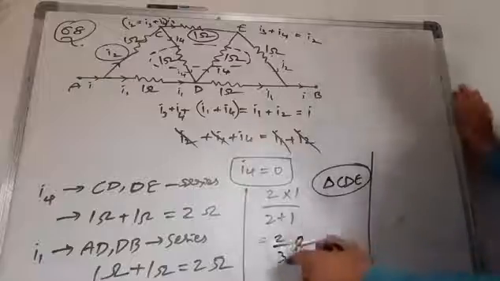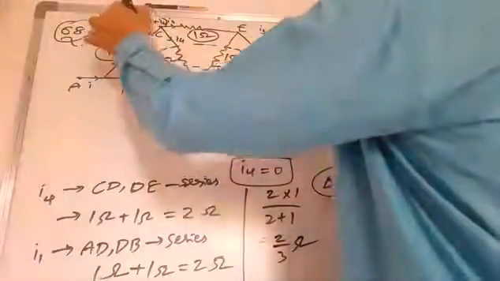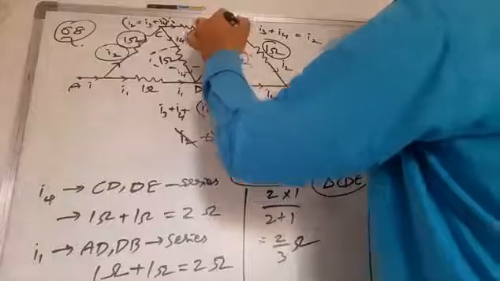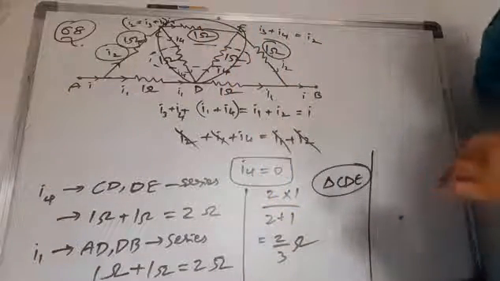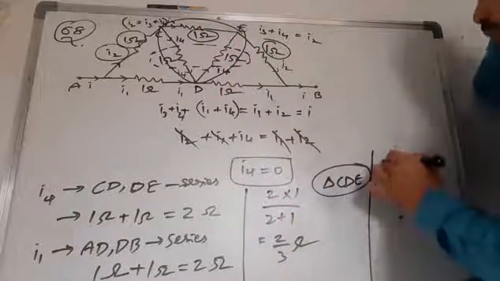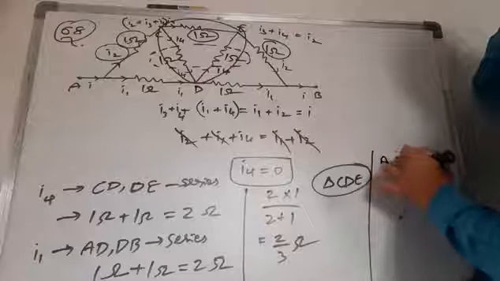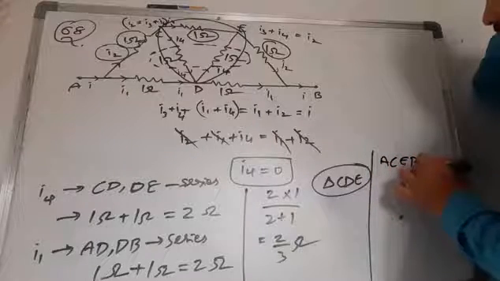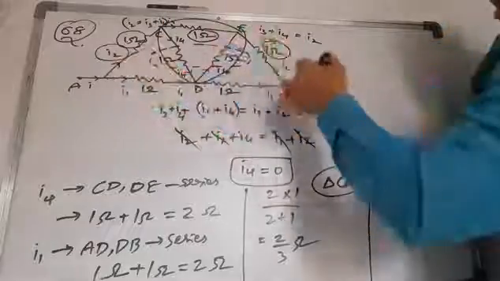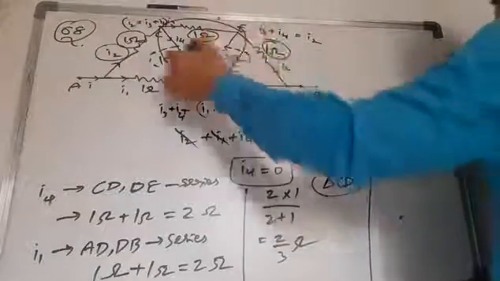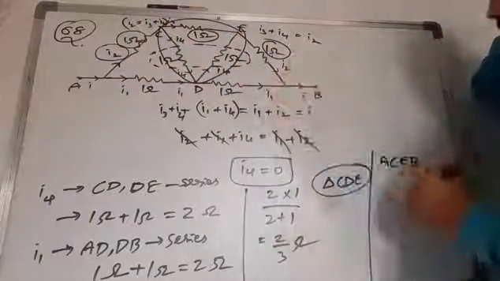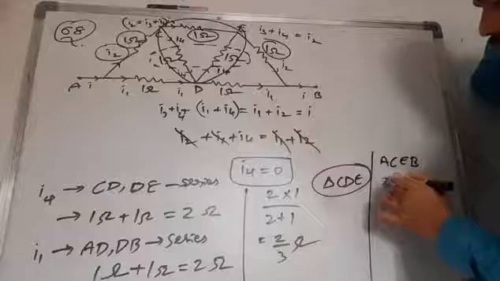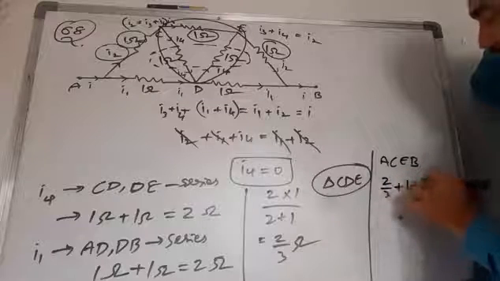Now this 2 by 3, the total of this triangle, is in series with this 1 ohm and this 1 ohm, along the path A, C, E, B. So what we get here now? 2 by 3 plus 1 plus 1.